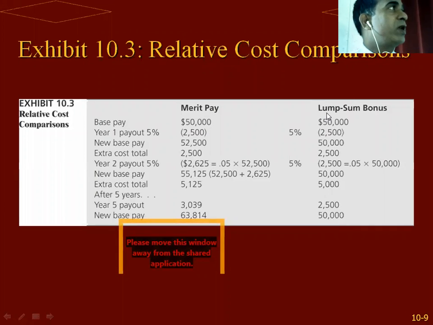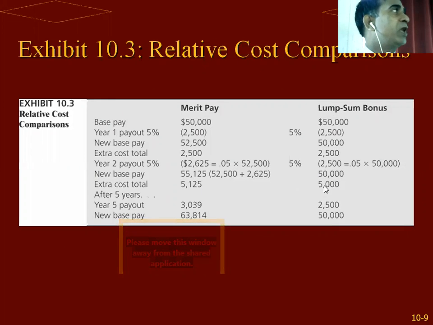Now we look at the second company that has adopted a lump sum bonus. Second year, you have a 5% payout calculated only on 50,000. 5% is 2,500. The new base pay remains the same because the payout doesn't become part of the basic salary. The extra total cost is 5,000: 2,500 plus the second year's pay for performance, 2,500, only 5,000.